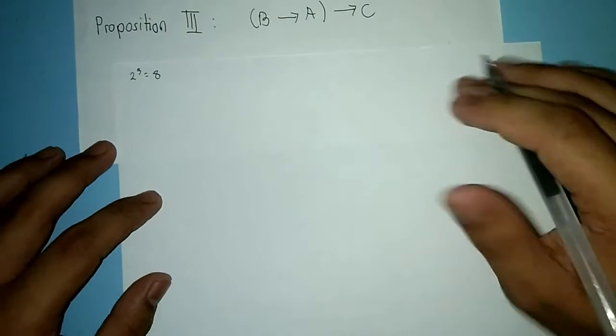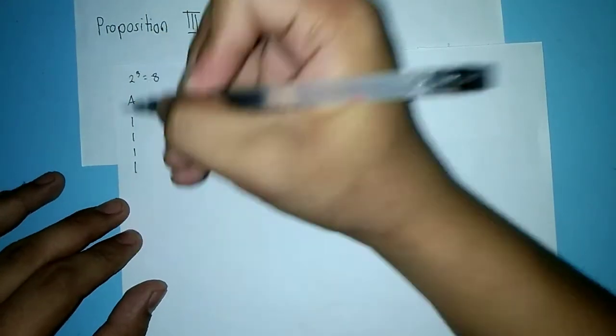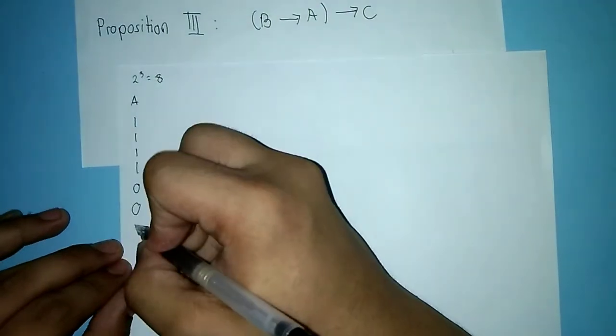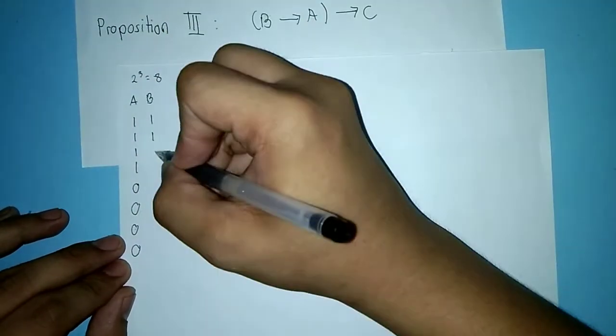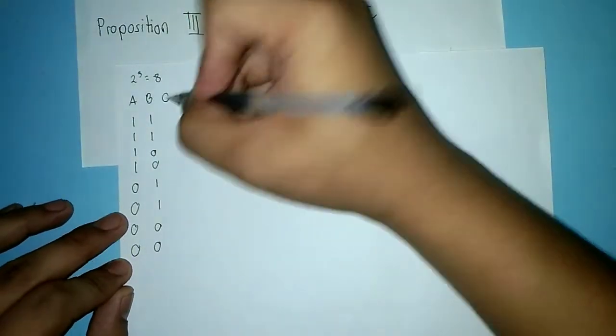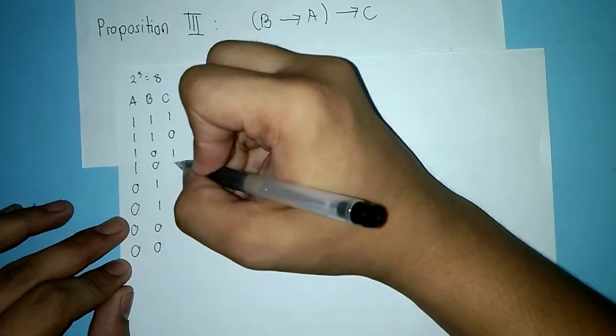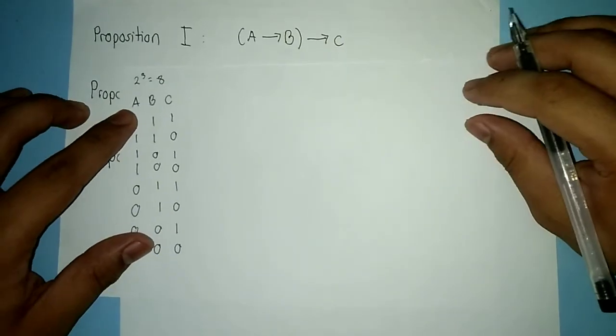Let's start with A: we have 1, 1, 1, 1, 0, 0, 0, 0. Then B, we have 1, 1, 0, 0, 1, 1, 0, 0. Then for C, we have 1, 0, 1, 0, 1, 0, 1, 0. So let's start here in the first proposition.